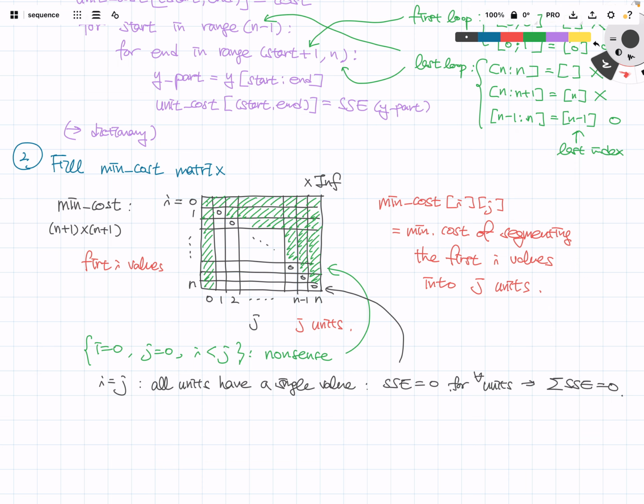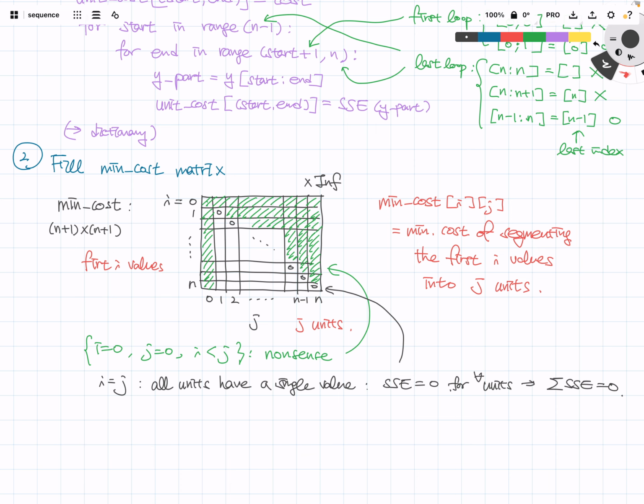So diagonal will become 0. Or we can set as infinite. We can leave it as infinite if we want. I think it doesn't matter.